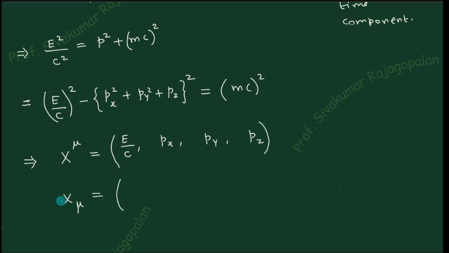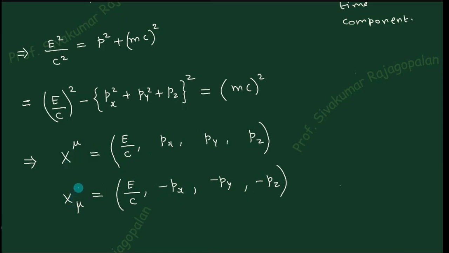And correspondingly, the one with the lower index will correspond to the negative values. So where will be the negative? All the 3 space components will be negative. That means minus Px, minus Py, minus Pz.